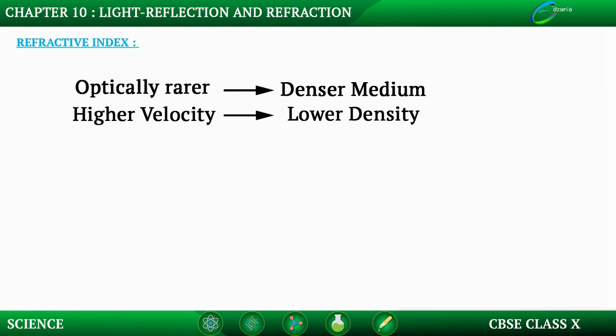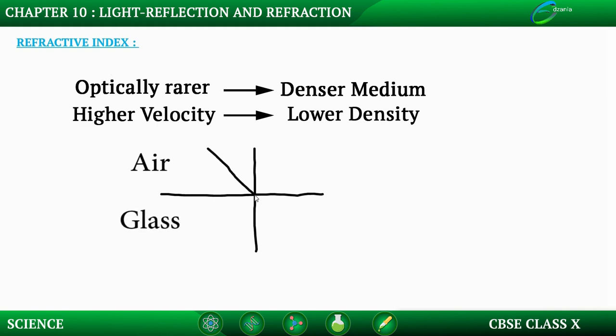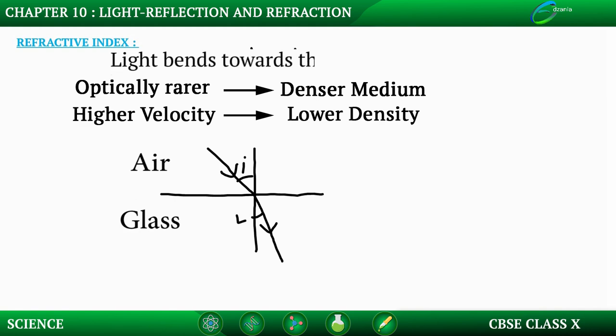With our discussion and analogy, in this case the optically rarer medium is air and the optically denser medium is glass or water. So light will alter its path and bend towards the normal. It will cover the larger distance in the rarer medium and try to take the smaller path in the denser medium. So in this scenario, light bends towards the normal.